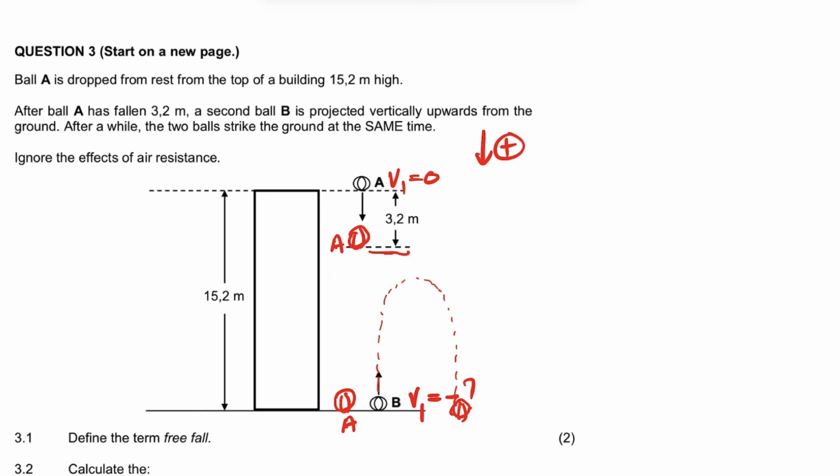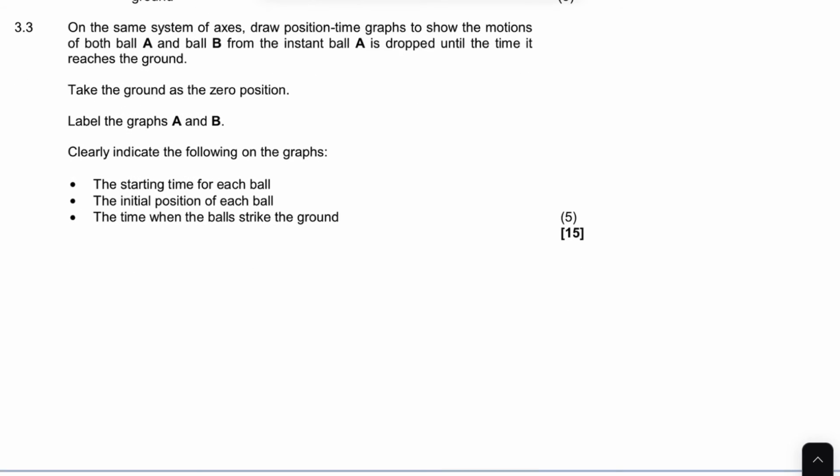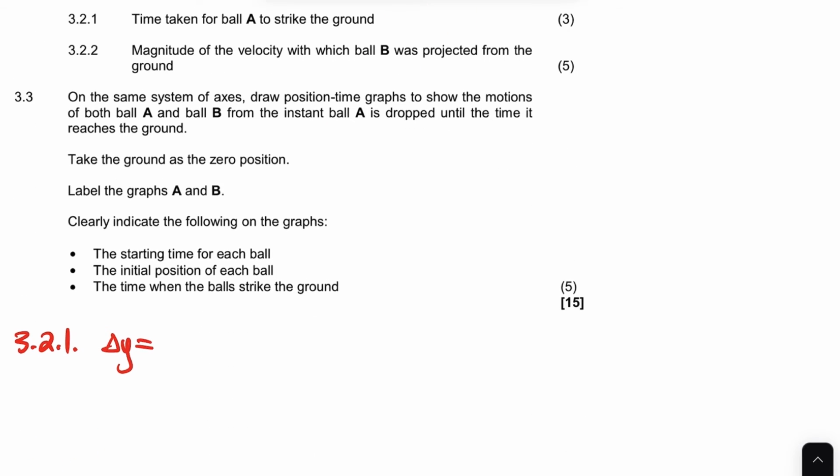3.2.1 says calculate the time taken for ball A to strike the ground. We want the time it took from there to there. We have the displacement, which is positive 15.2 because it's going down.